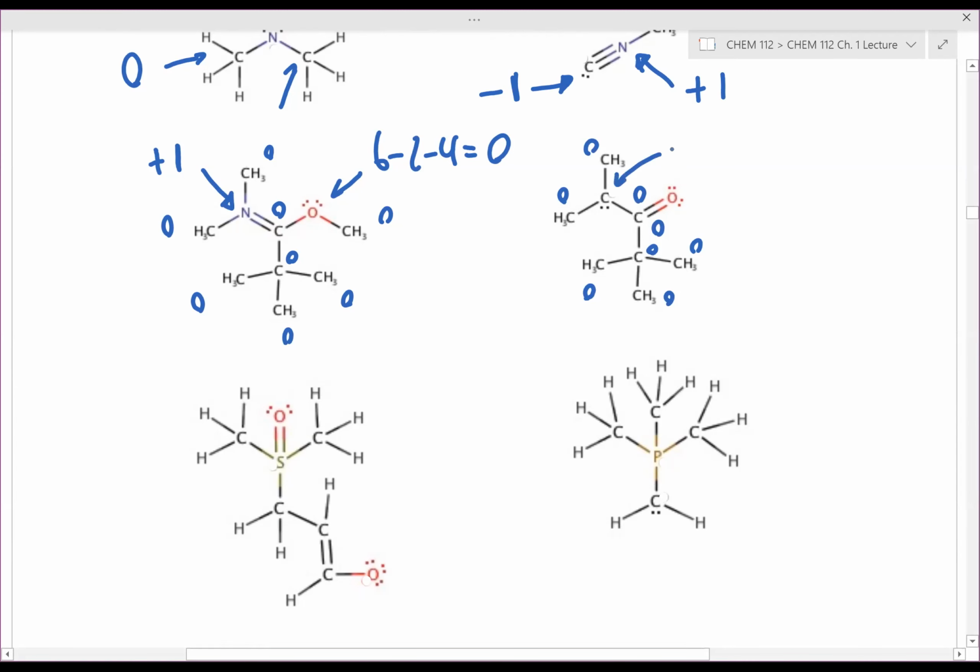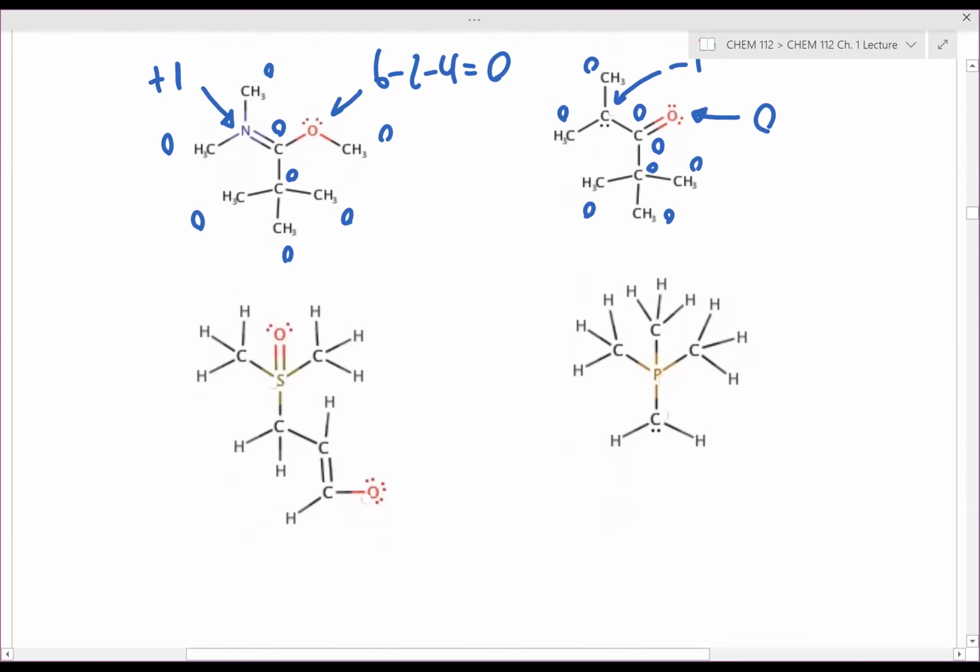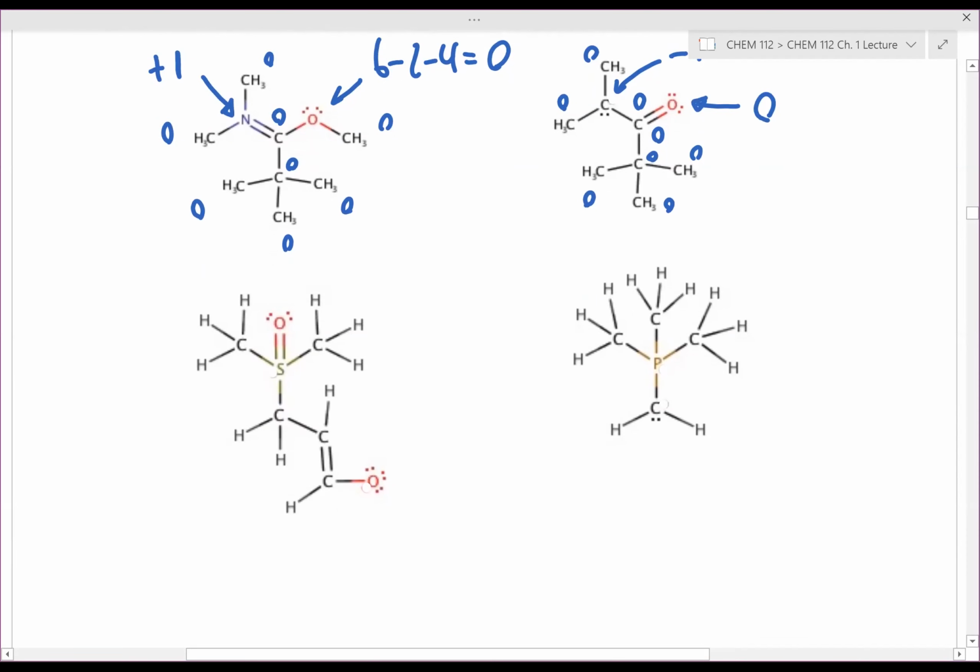Okay, perfect. Finally, looking at this oxygen with 2 bonds and 4 lone pairs, what's the formal charge? 0. Okay, perfect. Ideally, you want to practice these calculations enough that you can quickly assign formal charges just by looking at the molecule. This will save you time and is especially important in thinking about reaction mechanisms.